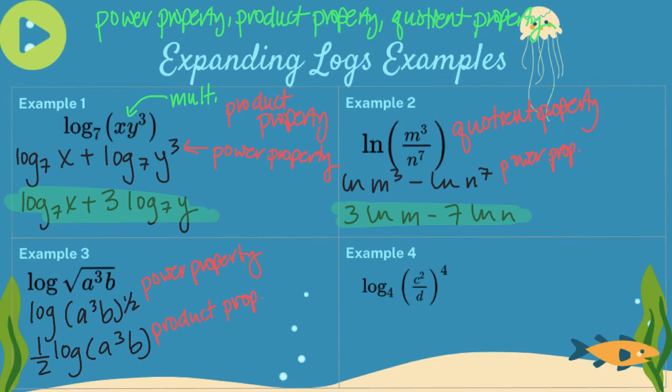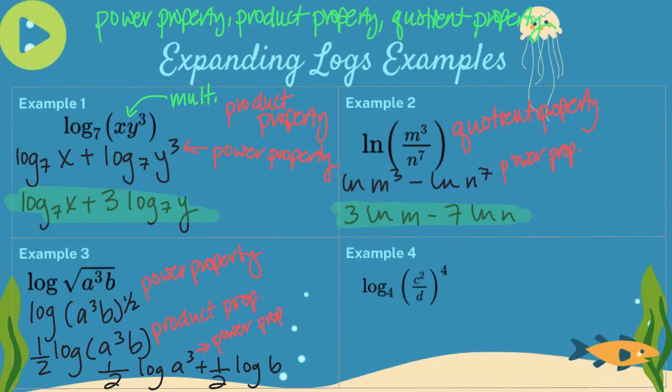Now the tricky part about this is that 1/2 is distributed to both of these terms. So I have to make sure I write it 1/2 log a cubed plus 1/2 log b. So that 1/2 has to go to both of those terms. Now the last thing that I notice is the 3 exponent right here, so I can use the power property to bring that out front.